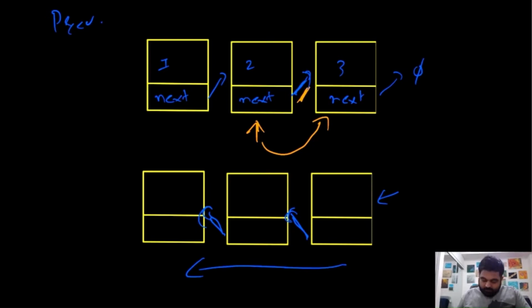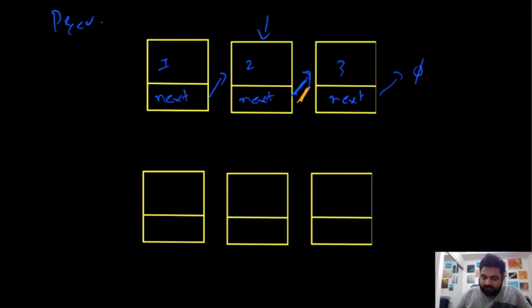So the approach we are going to use is that at every single position, suppose we are at this element, this is the current element. From this current element we know how to get to current dot next, which means how to go to the next element. The question is we don't know how to go back.